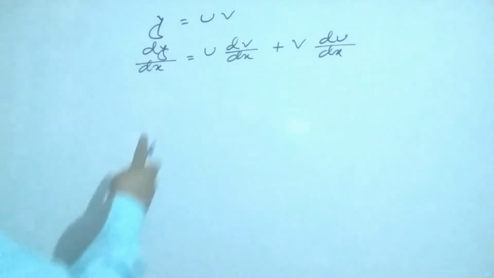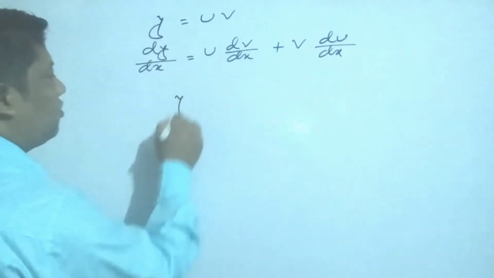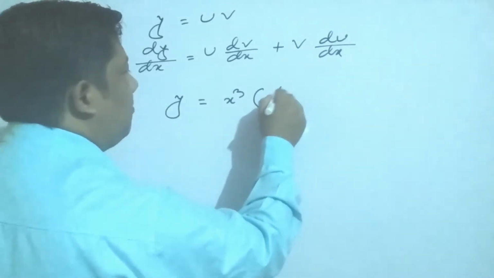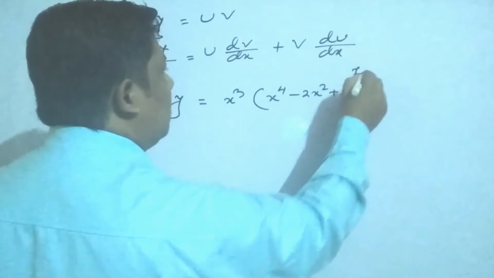So my students, using this you can solve so many questions like this. Suppose y equal to x cube times (x to the power 4 minus 2x square plus 1) power 7.